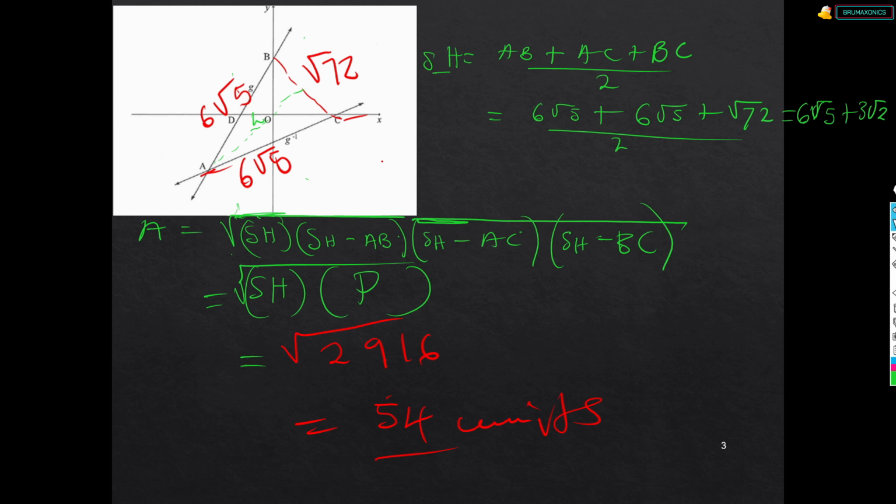So this is the answer for that particular question that says find the area of the triangle.